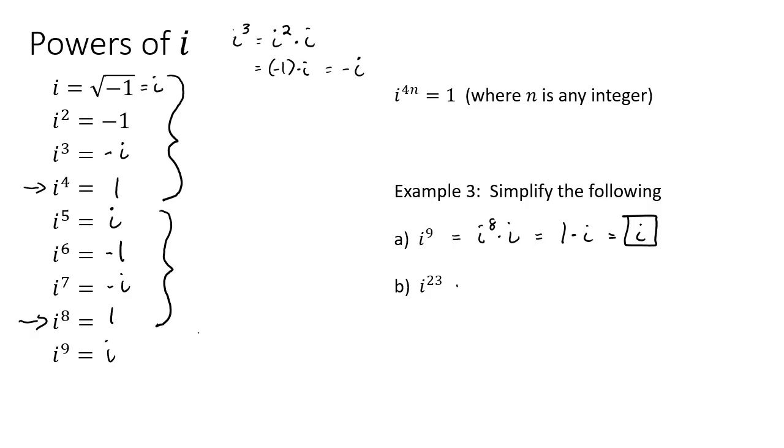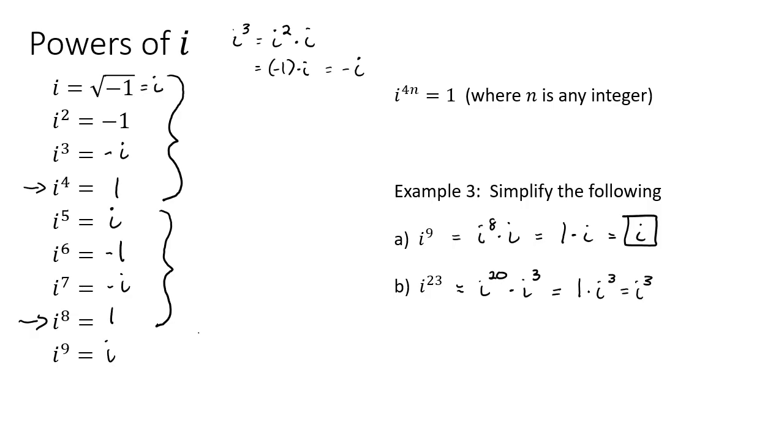All right, so the biggest multiple of 4 that is smaller than 23 would be 20. So if we pull out 20 of those i's, that would leave i cubed left over. So that would then be 1 times i cubed, or i cubed.